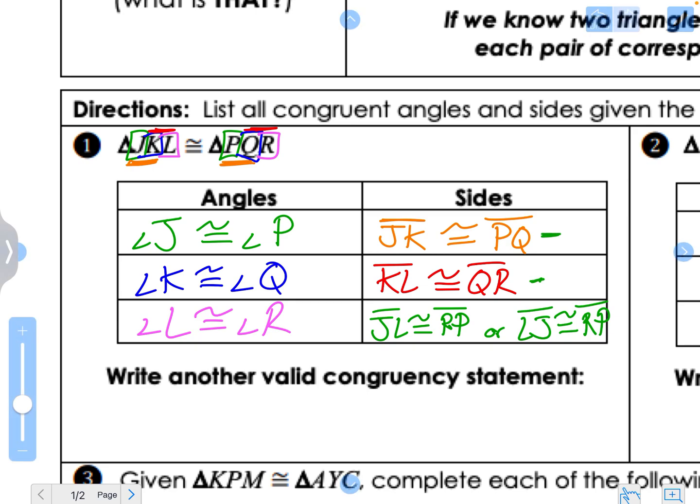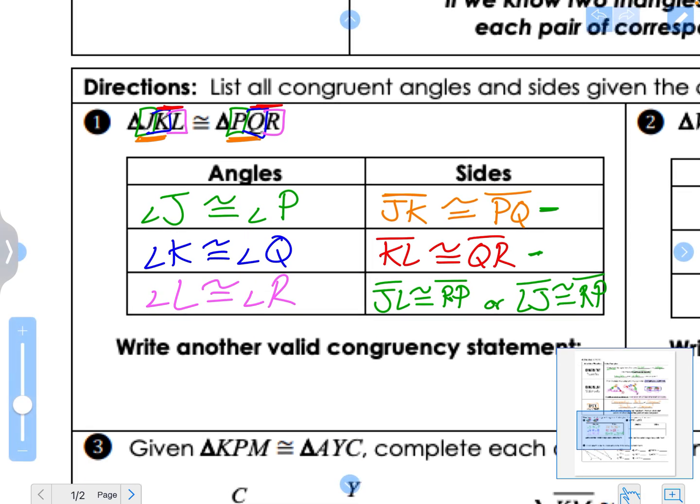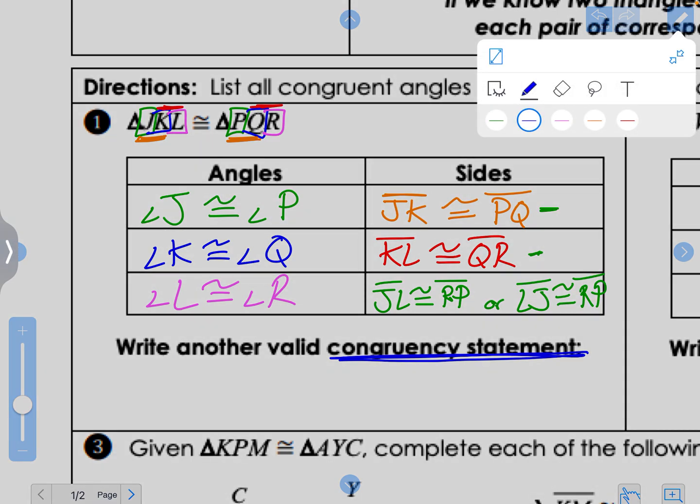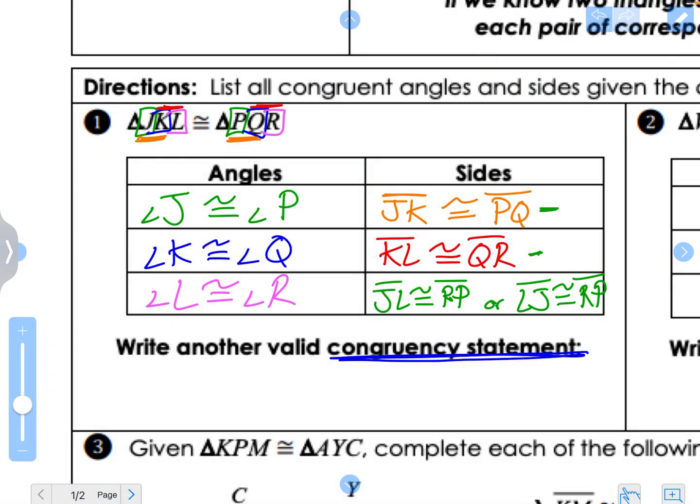So when we talk about another valid congruency statement, we have to keep in mind that the same parts must be congruent to the same ones. So we need to put our letters in a different order, but J and P still have to be in the same spot, K and Q still have to be in the same spot, and L and R have to be in the same spot.